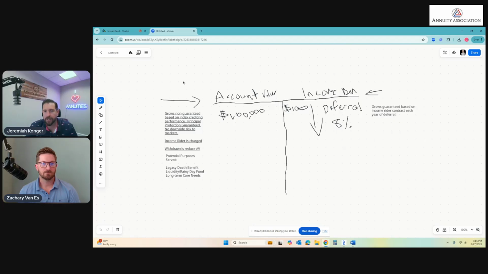So, think of it like a checking account. If you were to put money in a checking account and then take an annual withdrawal or a monthly withdrawal to service your income needs, the balance of that checking account is going to reduce every time you take a withdrawal. In an annuity, it works the same way. When you take a withdrawal using the lifetime income rider, that withdrawal is deducted out of your account value.